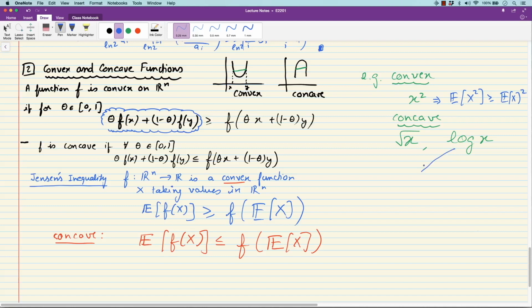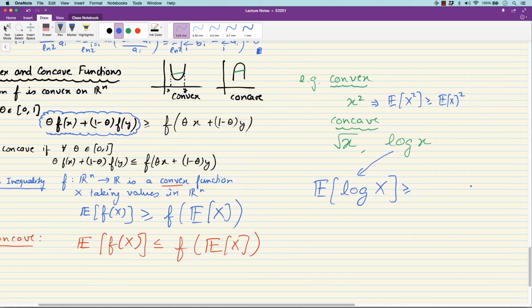Similarly, for log x, which is a concave function, the expected value of log of any random variable X is less than or equal to log of the expected value. The specific random variable that we can choose as an example is qX by pX, the ratio of two PMFs, and the expectation we take with respect to p itself.